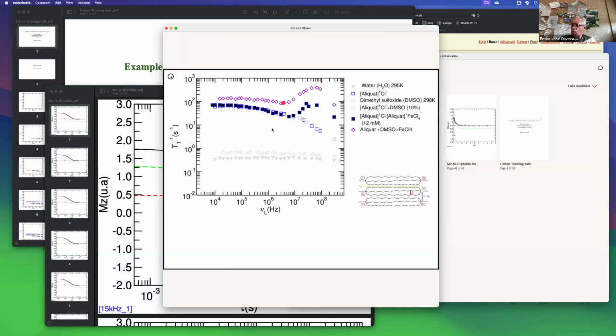This is what we usually call paramagnetic relaxation enhancement. So the relaxation is enhanced, it increases as a result of the presence of these paramagnetic ions in the systems.